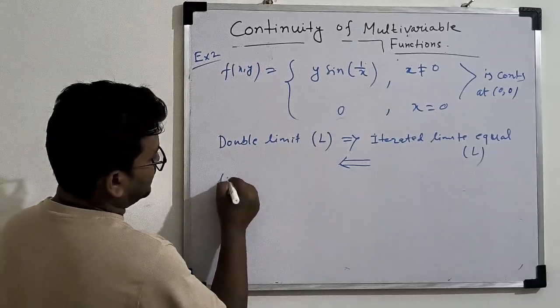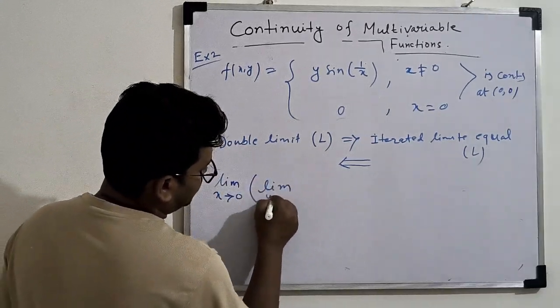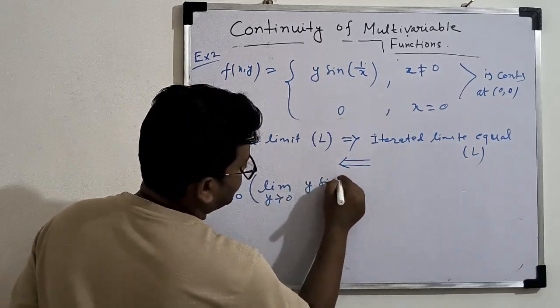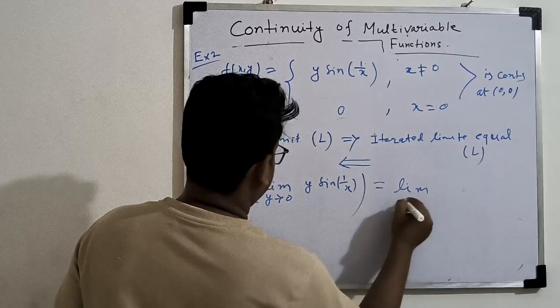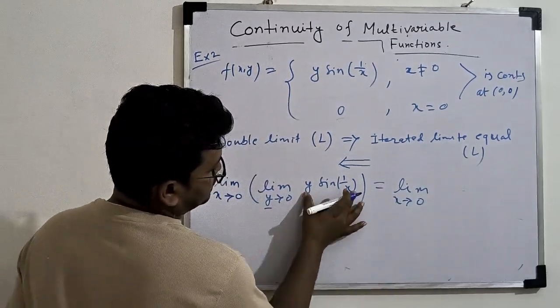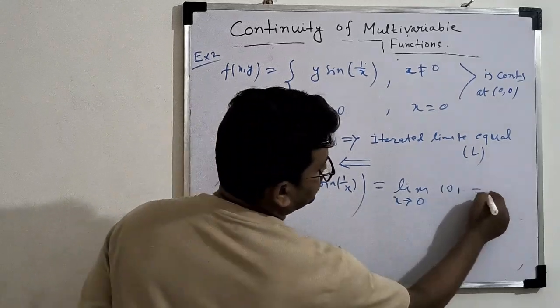How? If we find the limit as x tends to 0 of the limit as y tends to 0 of y sin(1/x), then putting y tends to 0 here, this becomes 0 times sin(1/x), so this will be 0.